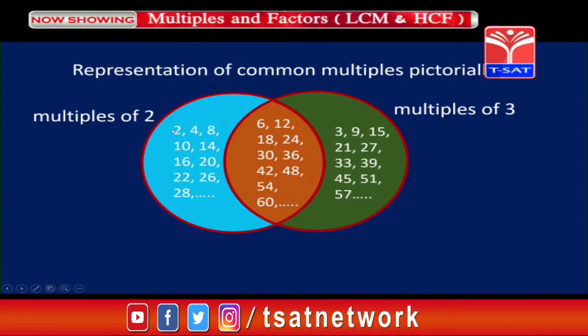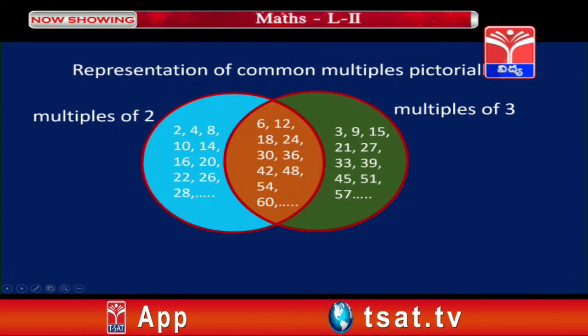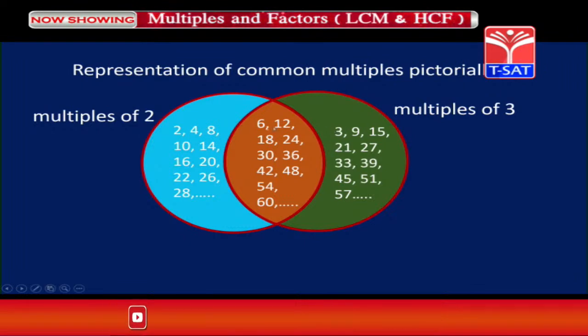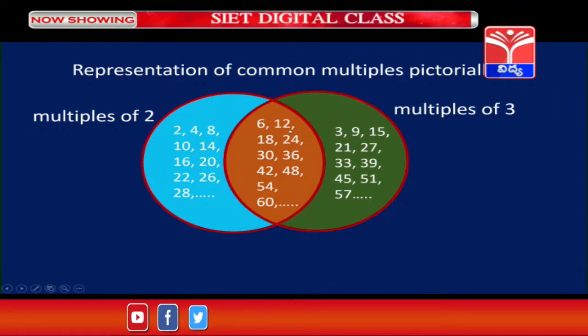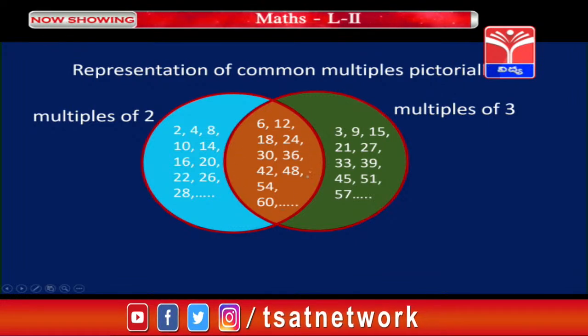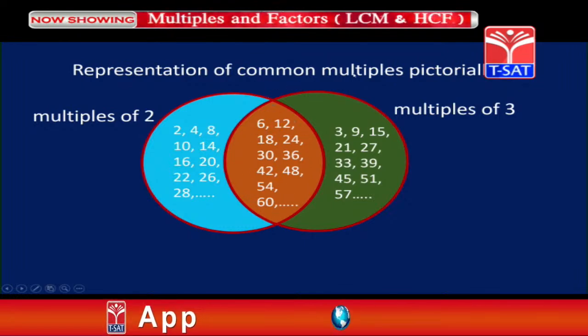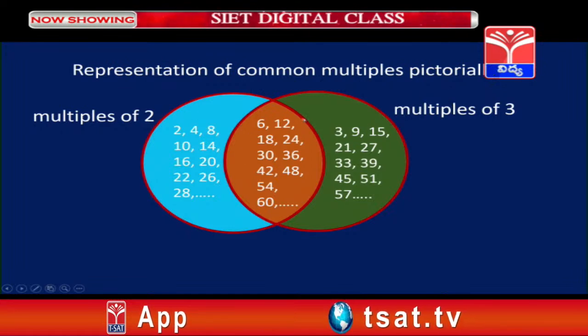See the multiples 2, 4 and 6 here, and then 8, 10 and 12 here, and 14, 16 and 18 here. And look at these numbers 3, 6, 9, 12, 15, 18 like this. Among all these multiples, the middle part represents common multiples of both 2 and 3.